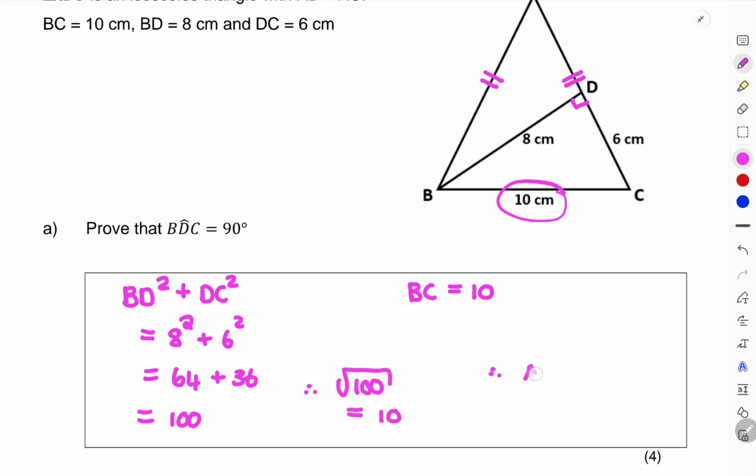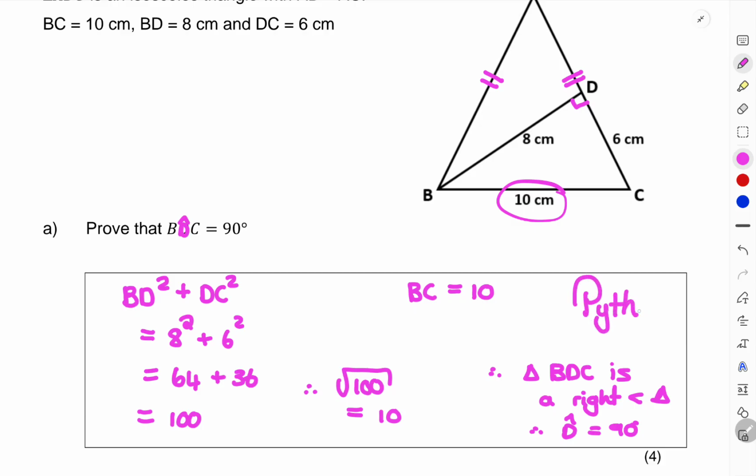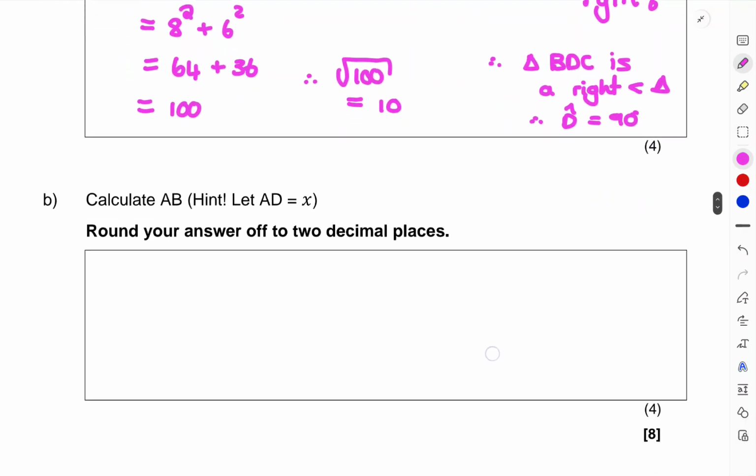So thus, triangle BDC is a right-angled triangle. Let me just see what they asked. They actually asked me just to show that D is 90. Thus, D is 90 degrees. Okay, and that is all because of good old Pythagoras. So please, whenever you use Pythagoras, list Pythagoras.